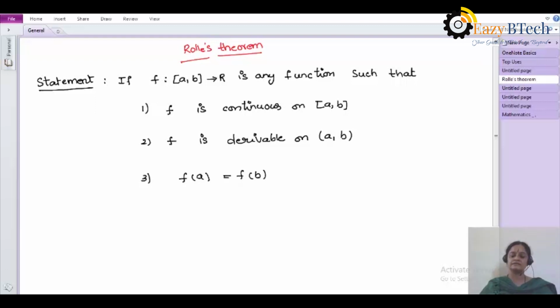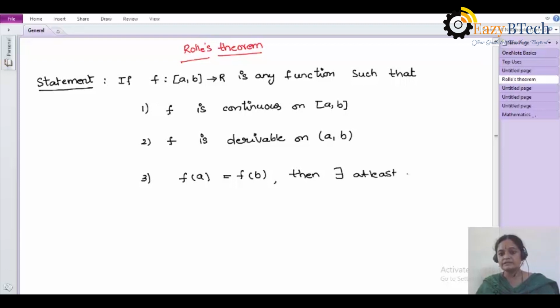These are the main three conditions of Rolle's theorem.